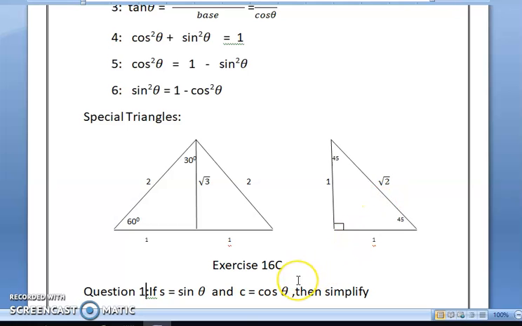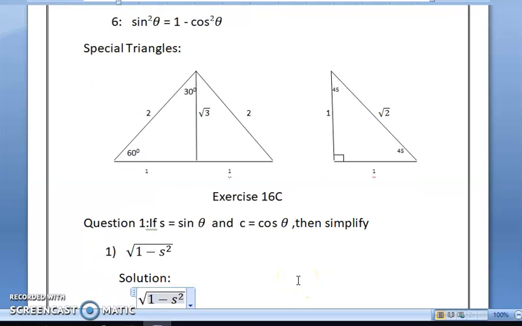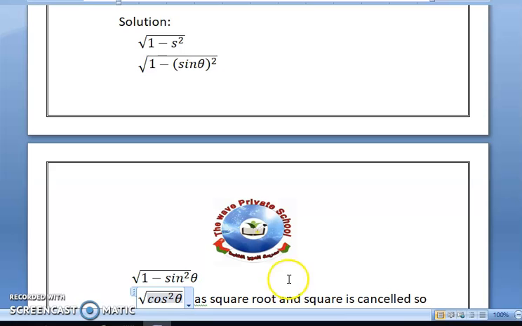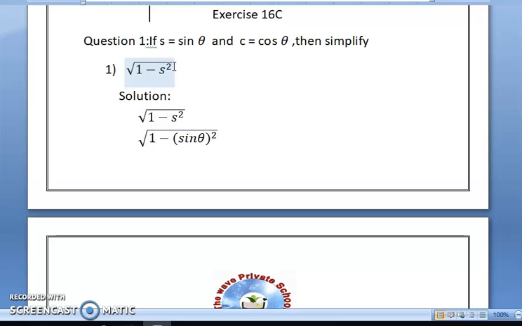Now let's start to solve the exercise. First question is square root of 1 minus s square. Here s is equal to sine theta, c is equal to cos theta.